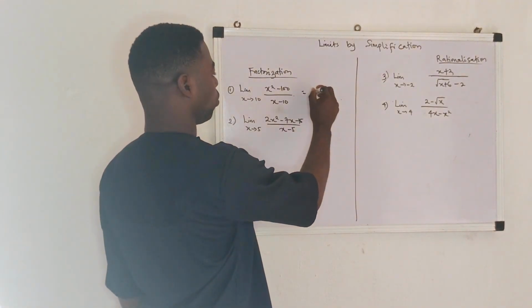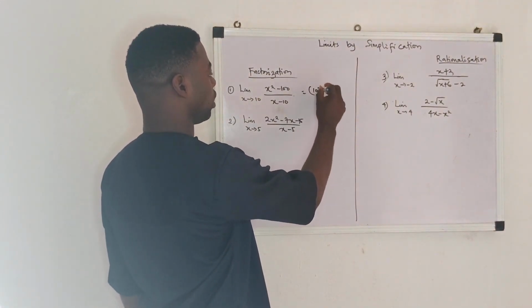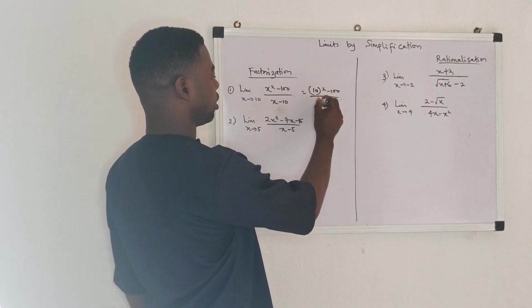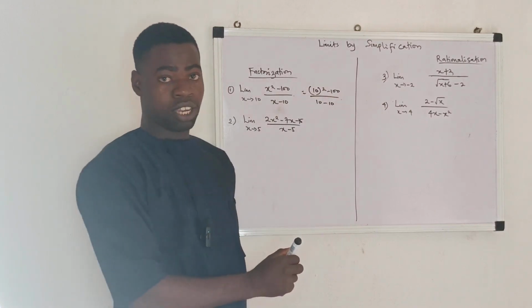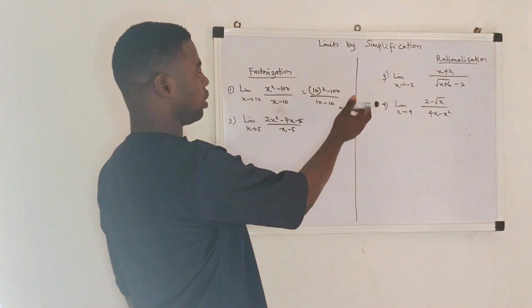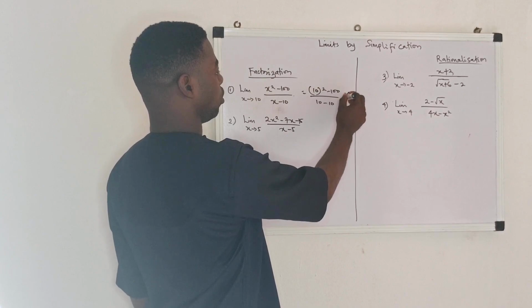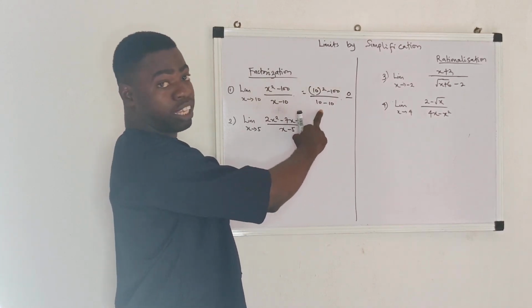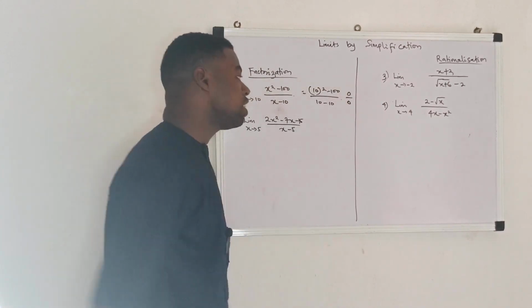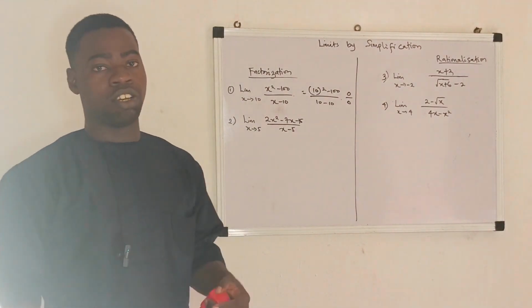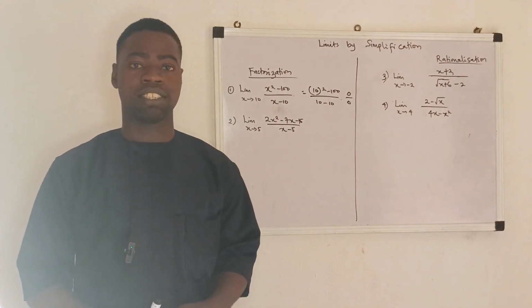This becomes 10 squared minus 100 divided by 10 minus 10. 10 squared is 100, 100 minus 100 is 0, so you have 0 divided by 10 minus 10, which is 0.